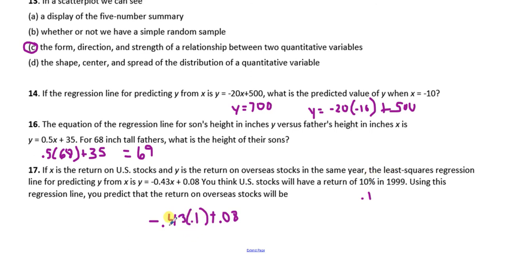So -0.43 times 0.1 is, it's going to end up being 0.08 minus 0.043. What is that? 0.37? 0.037.